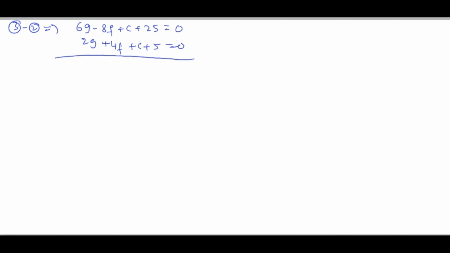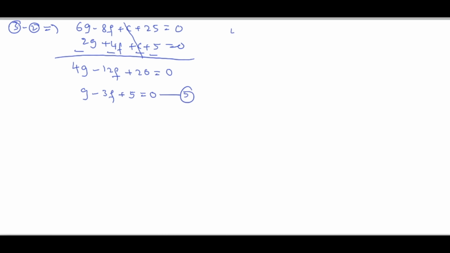Subtracting these two, c minus c cancel, 6g minus 2g that is 4g, minus 8f plus 4f that is minus 4f, 25 minus 5 that is plus 20 is equal to 0. 4 common in this equation, g minus f plus 5 is equal to 0. This is the fifth equation.